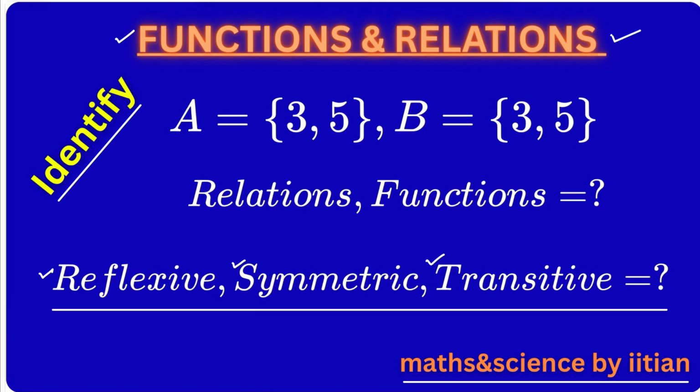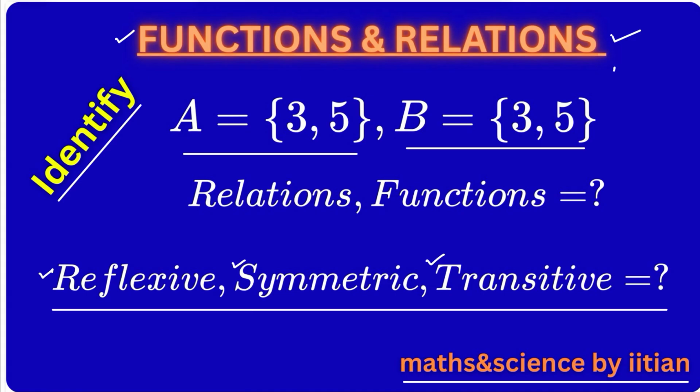The example which we have taken, A is equal to {3, 5} and B is equal to {7, 8} in the previous lectures. Let us say now A is equal to {3, 5} and also B is equal to {3, 5}. In this particular lecture, we will take this.